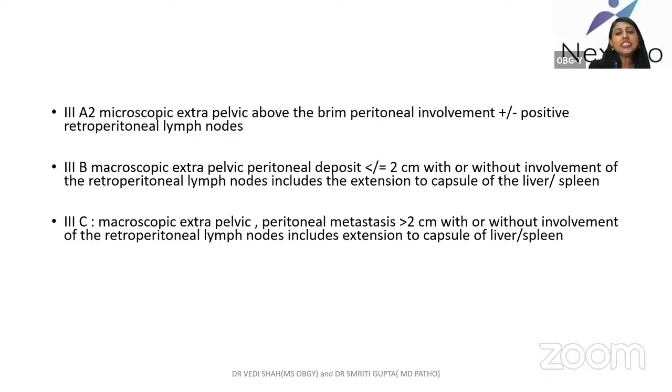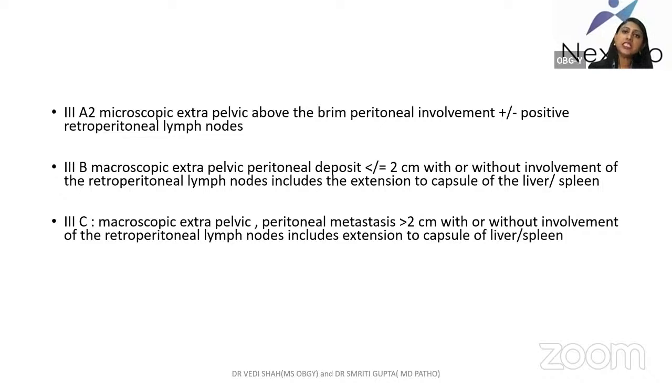Now, in stage 3A2, we have microscopic extrapelvic peritoneal involvement above the pelvic brim, which is positive or negative for the retroperitoneal lymph nodes. Stage 3B includes macroscopic extrapelvic peritoneal deposits of less than or equal to 2 centimeters in size, with or without involvement of the retroperitoneal lymph node, and includes extension to the capsule of the liver or the spleen.